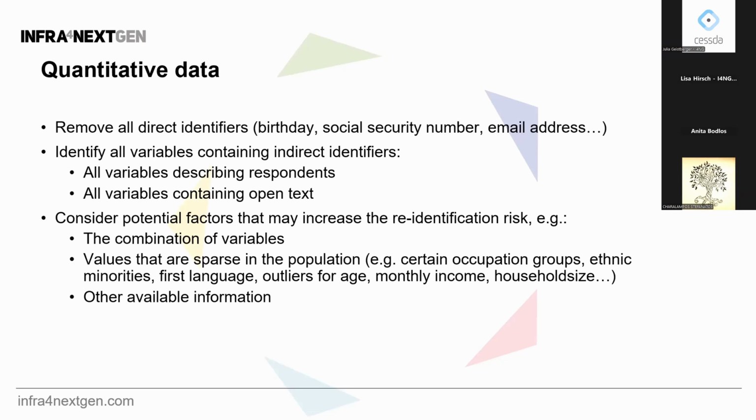Because if you have survey data, for instance, an online survey, you may know the categories that respondents were given in closed questions by heart, but you don't know what they put in open text questions.